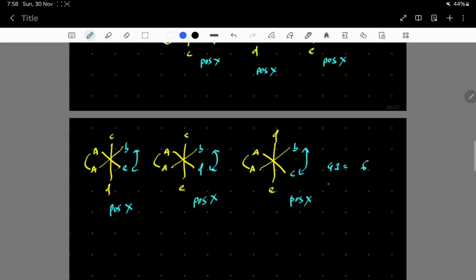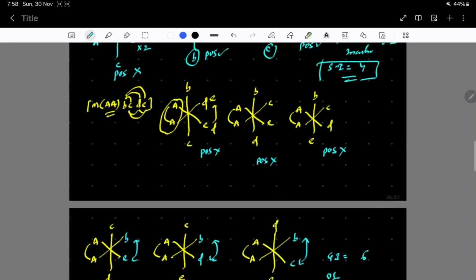So each and every case I can write into 2, because I will get the mirror image: 1 into 2, 1 into 2, 1 into 2. So I can write 6 into 2 is equal to 12.